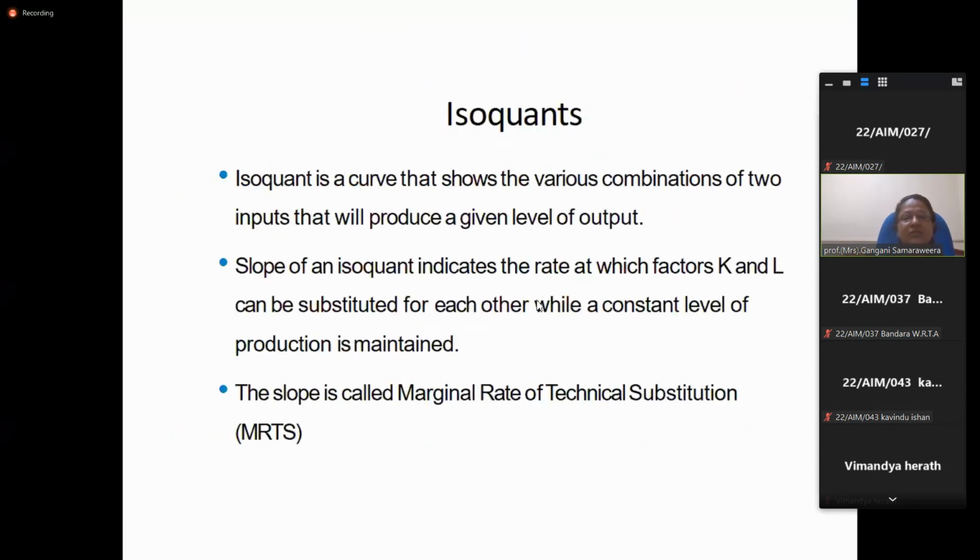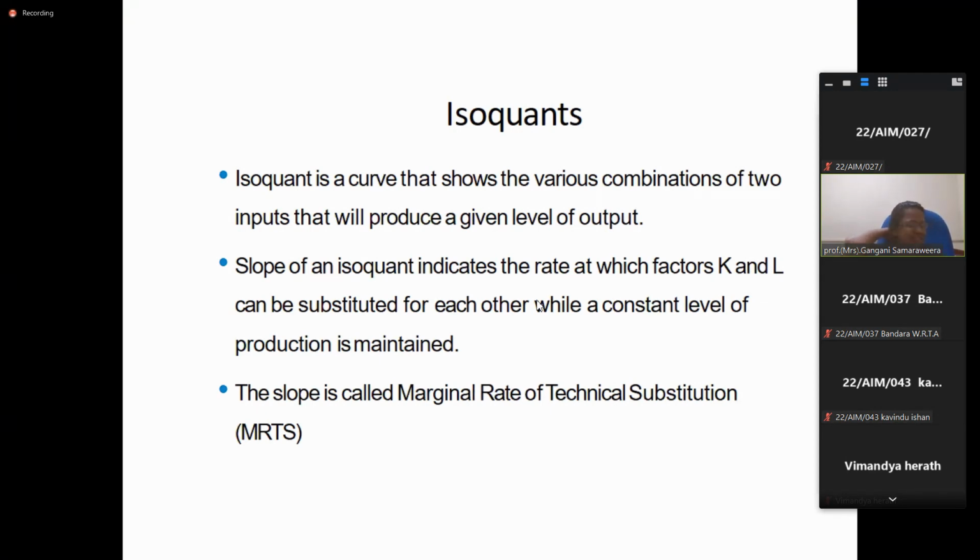Okay, so here with this we will go for isoquants, another new one for you. Iso means equal, quant means what? Just imagine what may be quant. Easy to remember. Quantity. Isoquant.